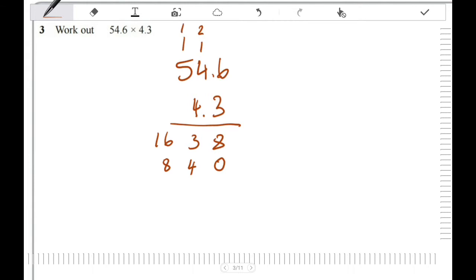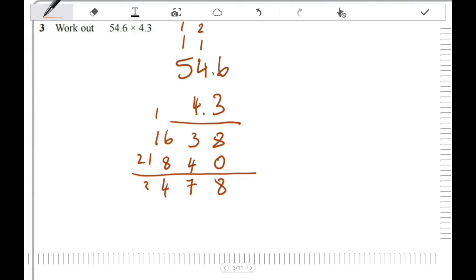And 4 times 5 is 20, plus 1 is 21. That gives you 8, 7, 14, 3, and 2.